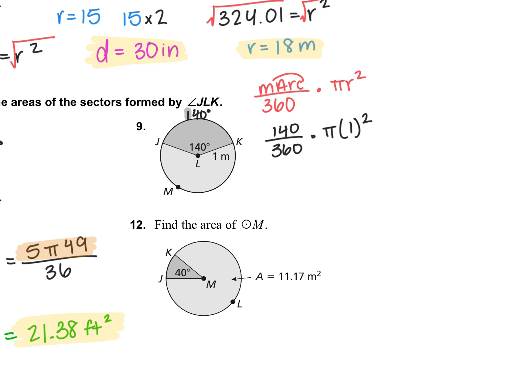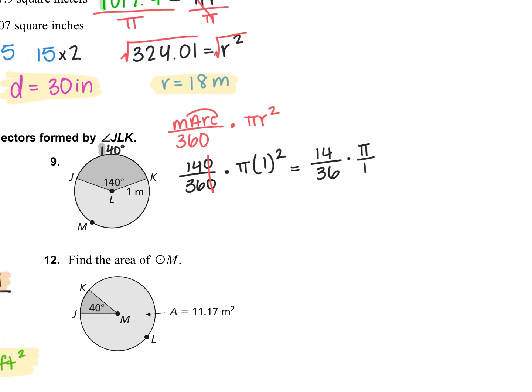They both end in a 0, so I'm going to cancel these 2 zeros out. Then I'm going to have 14 over 36 times what's 1 squared? And what's pi times 1? So I'm going to keep it as pi over 1. Squishing it together, I'm going to have 14 pi over 36.